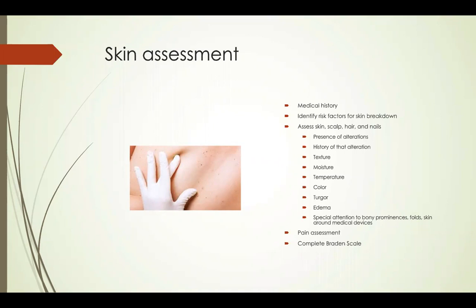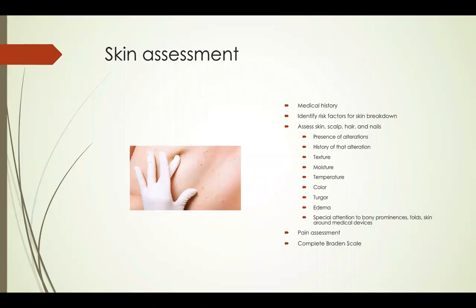If it's cool to touch, generally that means they don't have enough blood flow, so you want to think about that as well. What we would describe as normal would be warm skin, nice and warm. So we usually say warm, clean, dry, intact.